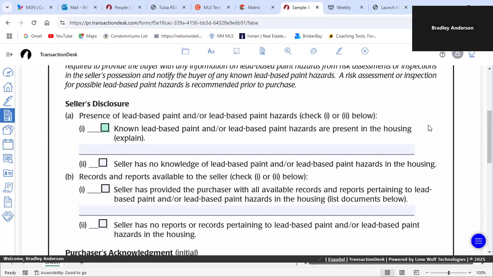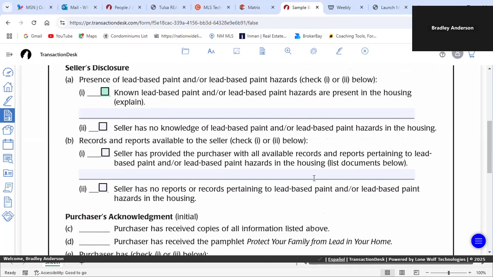All right, so then the seller is going to check option B, records and reports available to the seller. You're going to check one or the other. Seller has provided the purchaser with all available records and reports pertaining to lead-based paint or lead-based paint hazards in the housing. This would be an option they would check if they have such reports.